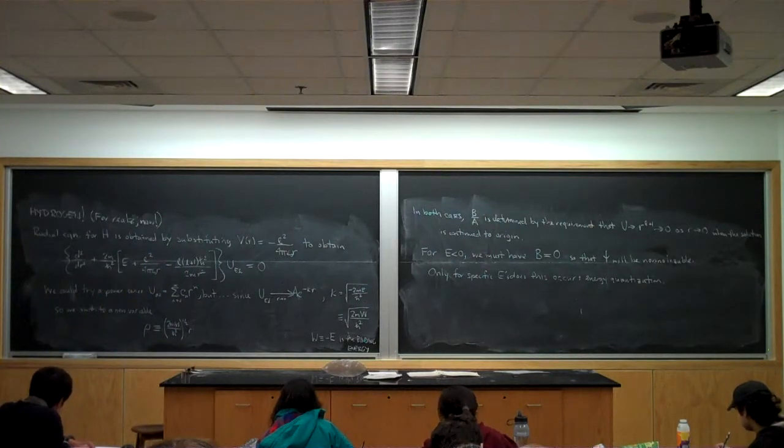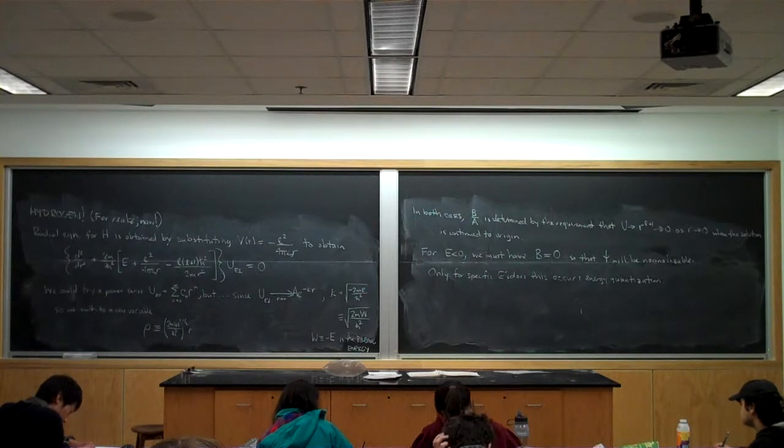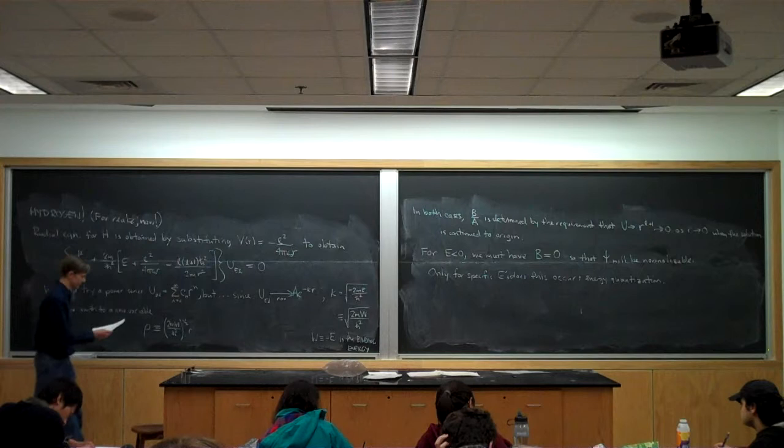For a given energy, W is some constant. So we're just defining a new variable, which is that constant we called kappa before, times r. So rho is kappa r. Kappa is root 2mW over h bar squared.